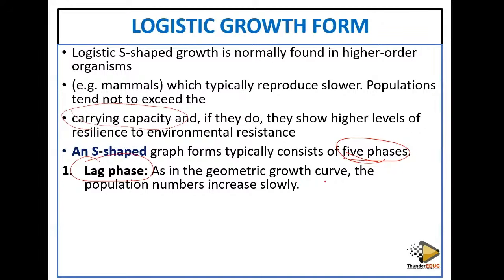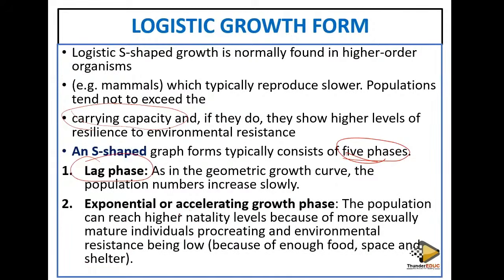As in the geometric growth curve, the population number increases slowly. The exponential, or accelerating growth phase, is the second phase, whereby everything is good. The population can reach higher natality levels because of more sexually mature individuals. When they are there, they are procreating and environmental resistance is low.